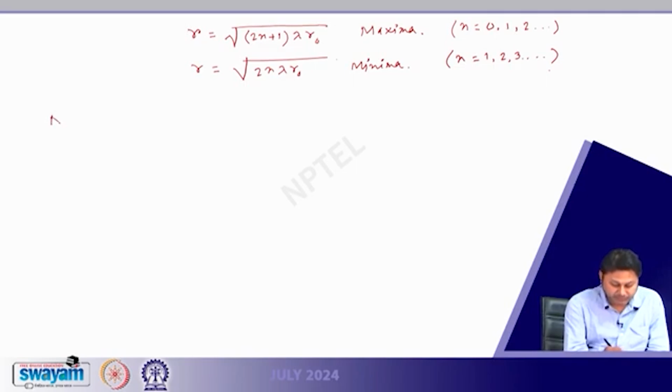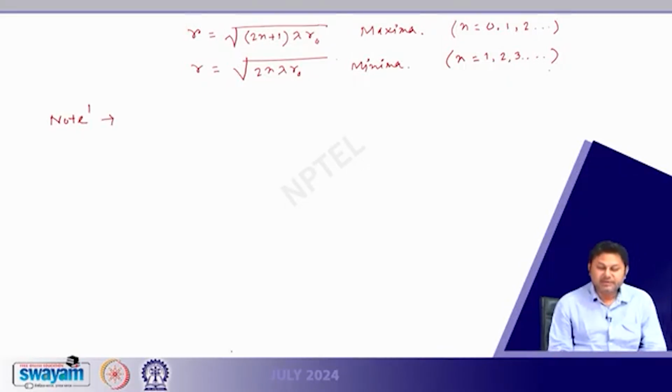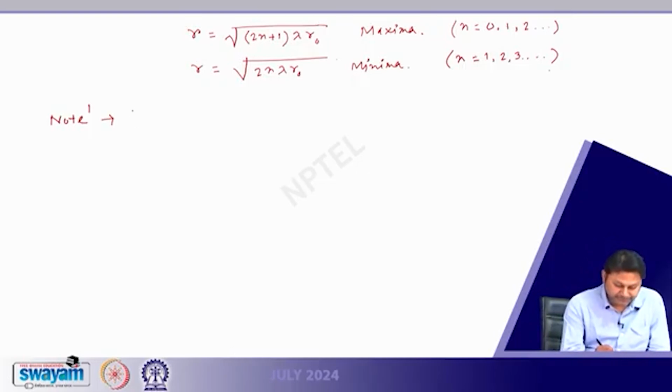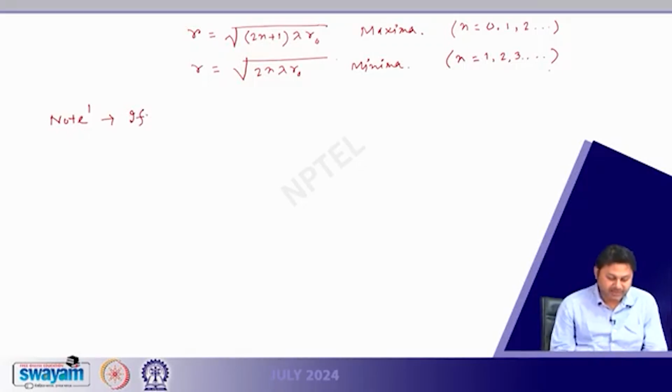Note 1 is that if I increase the aperture, I discussed this issue. Another issue: instead of having an aperture, if I have an opaque region, then what happens?